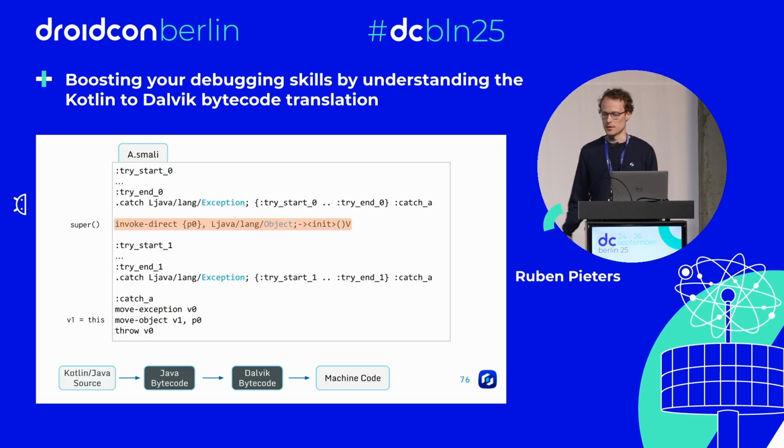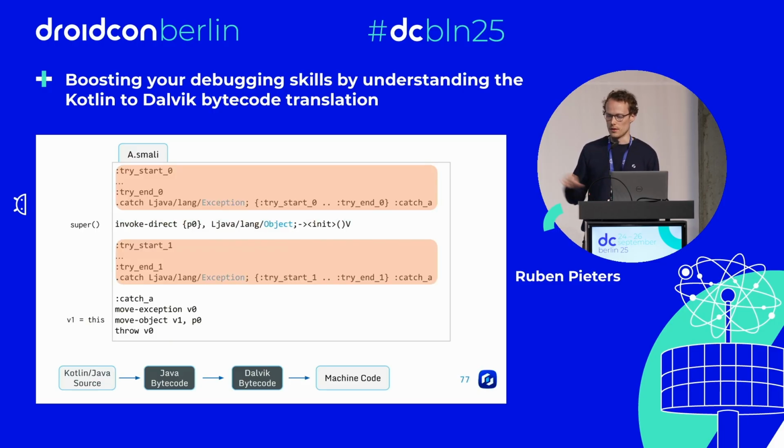We can see that the supercall corresponds to this invoke-direct of the init method of object, which is essentially invoking the constructor of object. And before that, we have two try-catch handlers.